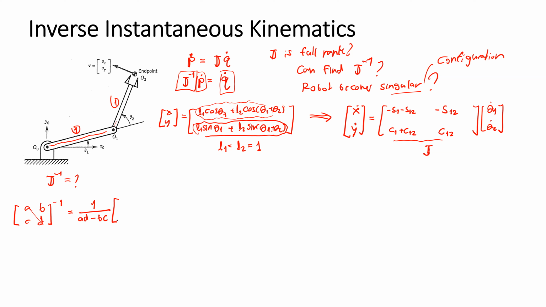And the adjoint of the matrix. Why not we try to obtain the determinant of this one first?